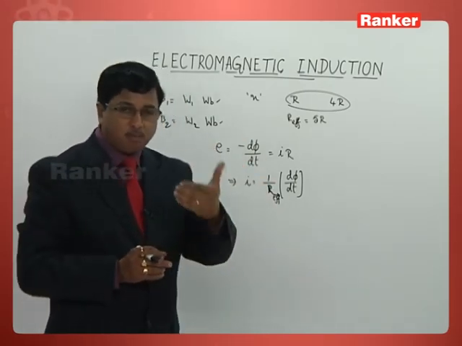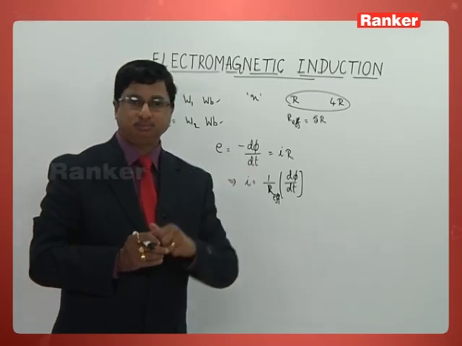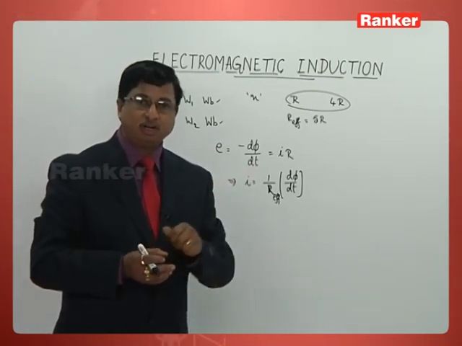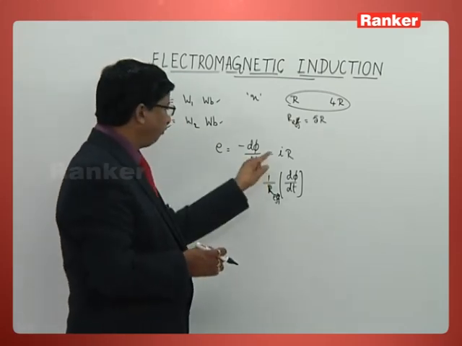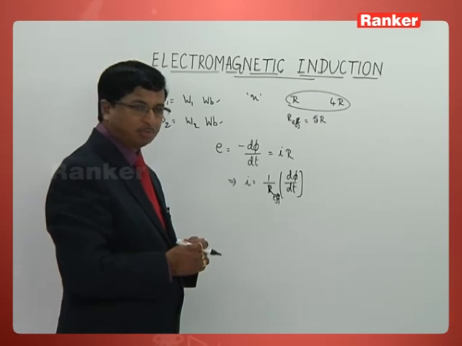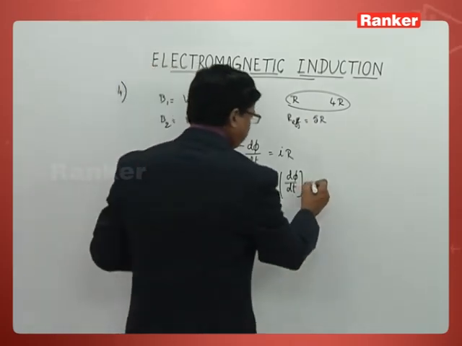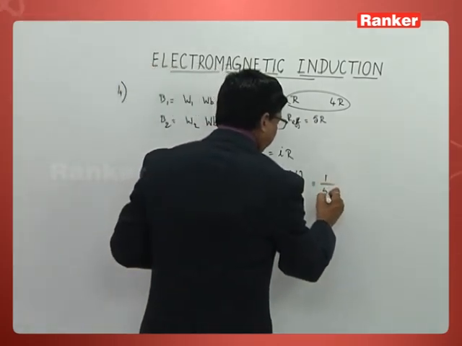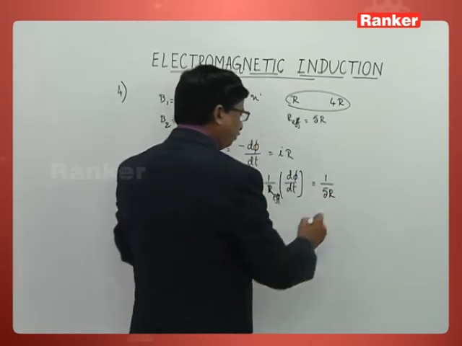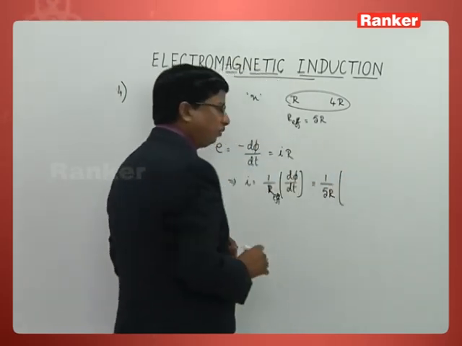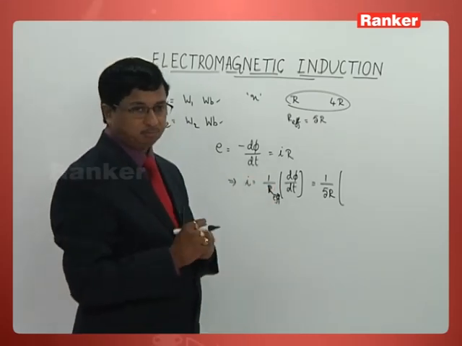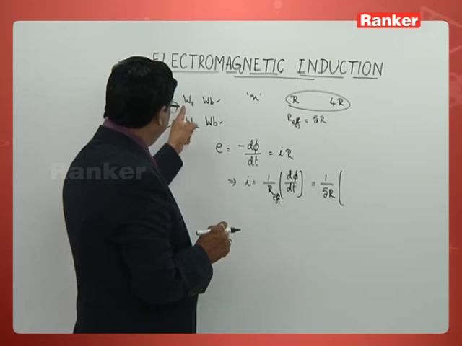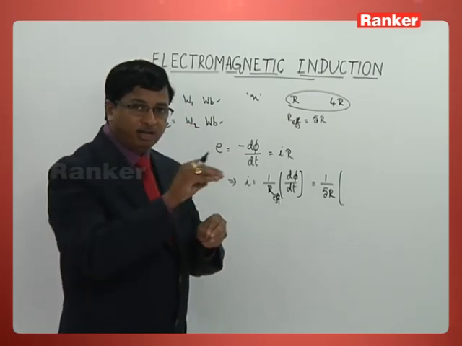But he did not mention that value in the problem. So since phi is proportional to B, straight away I can write 1 by 5R, that is the effective resistance, into the change in phi by time.